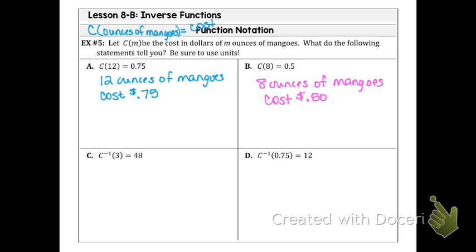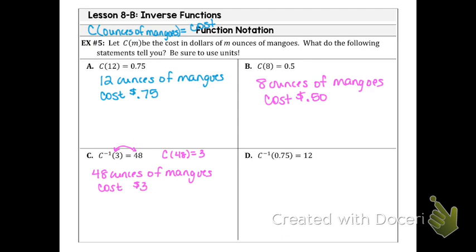So I'm just going to switch it back. I'm going to do the inverse of the inverse, which means this is C of 48 will equal 3. Remember, x and y switch, input and output switch when you do the inverse. All right, so then we know that 48 ounces of mangoes cost $3.